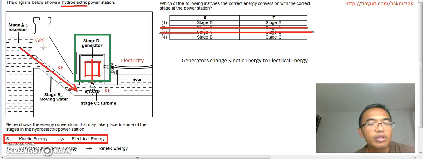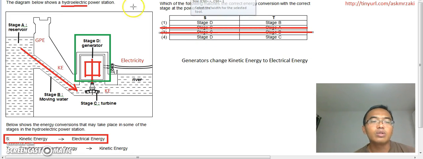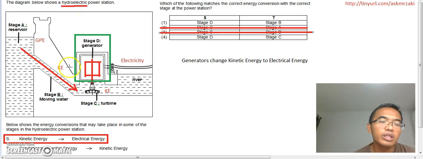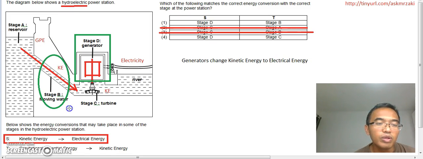It is waiting for the gravity to pull it downwards, and there's only movement here. So when there's movement of water here, this is where gravitational potential energy is converted to kinetic energy. So the stage that converts gravitational potential energy to kinetic energy is stage B, moving water. So T is actually stage B. Therefore, the answer for this question is number 1.